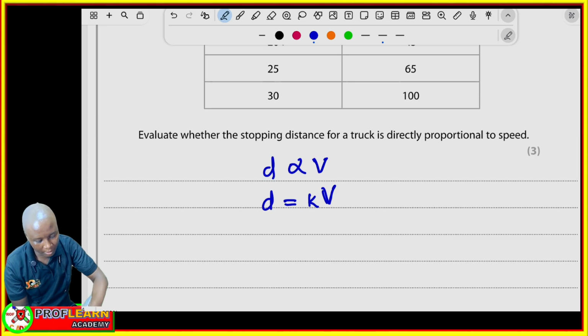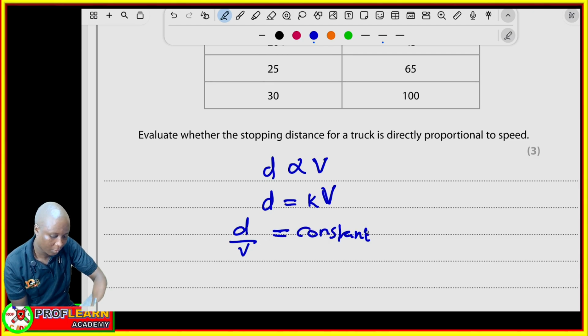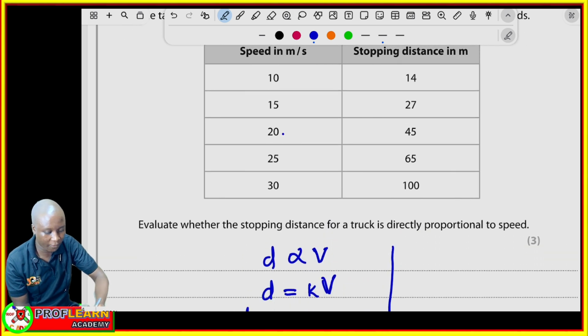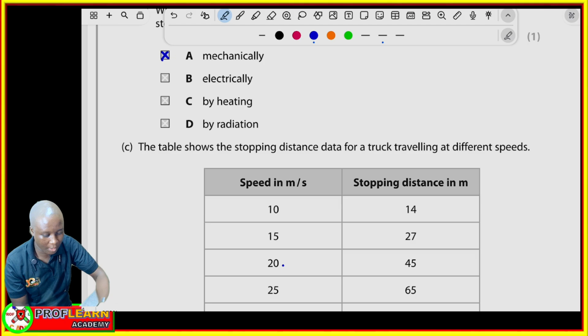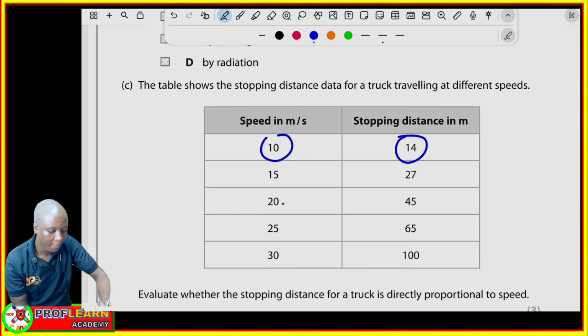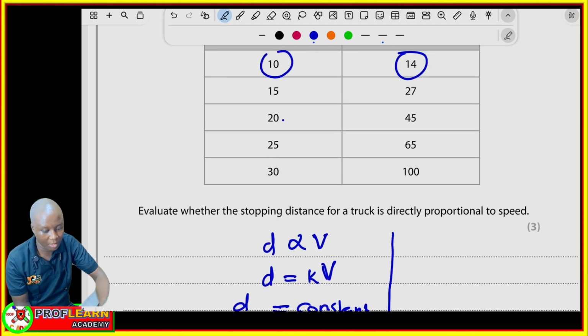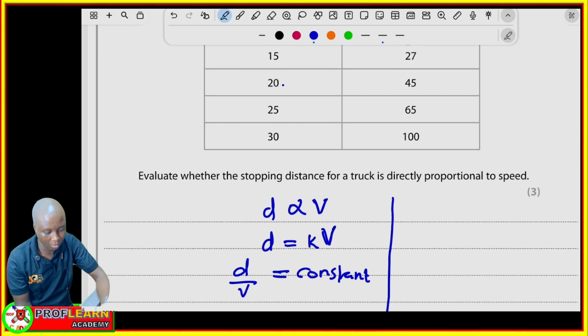So if you divide distance by speed, it will be a constant. Now I want to use two data values, check the constant I get, and see whether it is the same. If the constant is the same, then it is directly proportional. So let's check.